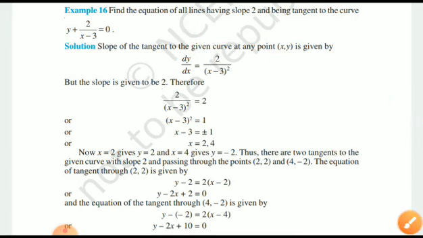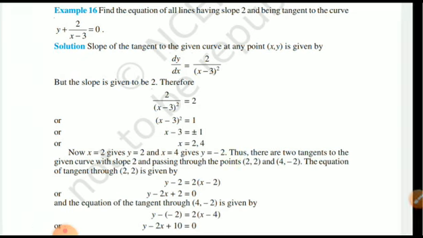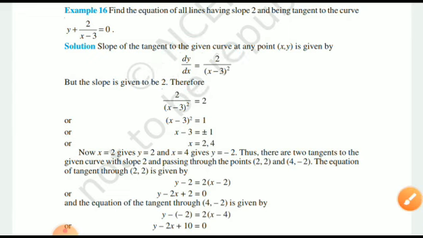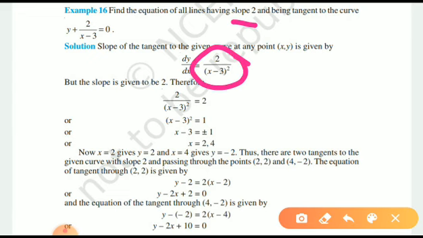So you will get dy/dx as minus into minus, that becomes plus, so it will be 2/(x - 3)². Now, the slope is given to be 2, so I will equate this to 2, and hence I'll get the values of x as 2 and 4.